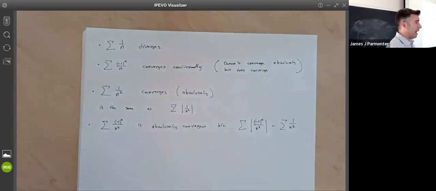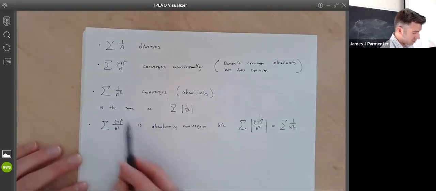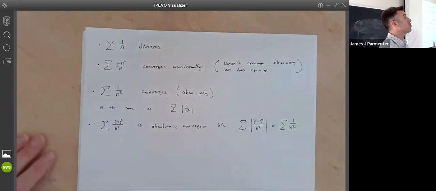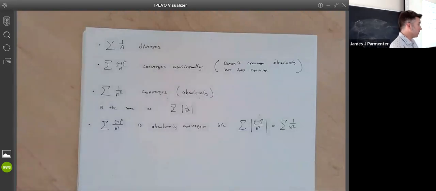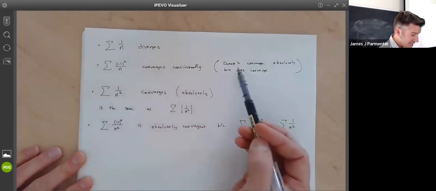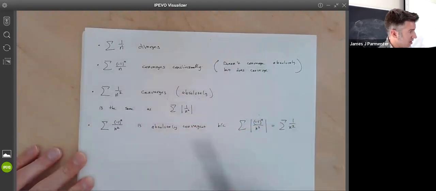If the series of absolute value terms converges, the original series is absolutely convergent, which means it's also convergent. That's why we use those words. So if something's absolutely convergent, it is convergent. We would be incorrect to say that this series is conditionally convergent, because conditionally convergent means it doesn't converge absolutely. And this one does.